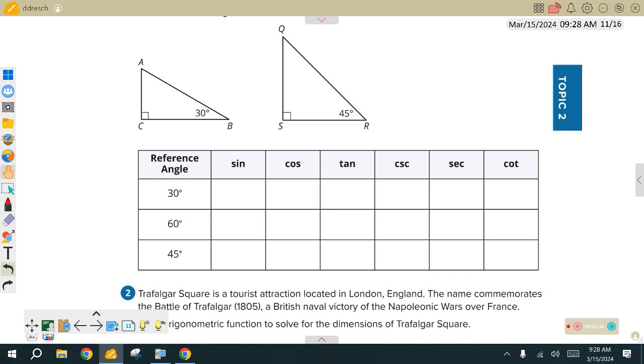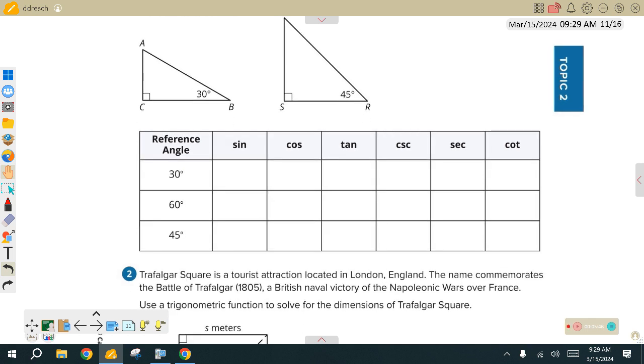We'll come back around and check it, then we'll talk about the 60, and then the 45. We'll make it 2 minutes. All right? Go do it. Go, go, go. Just do the 30.